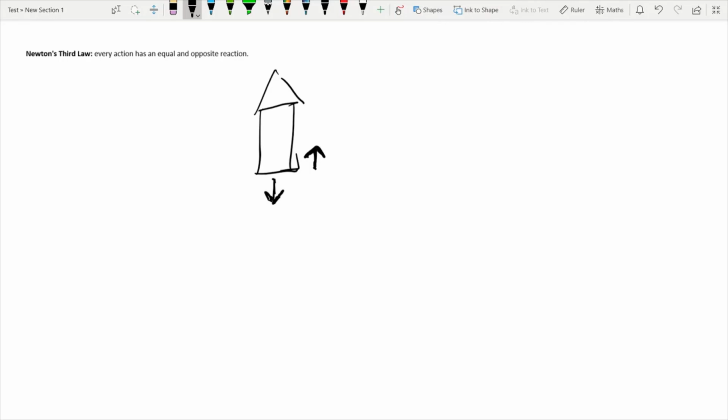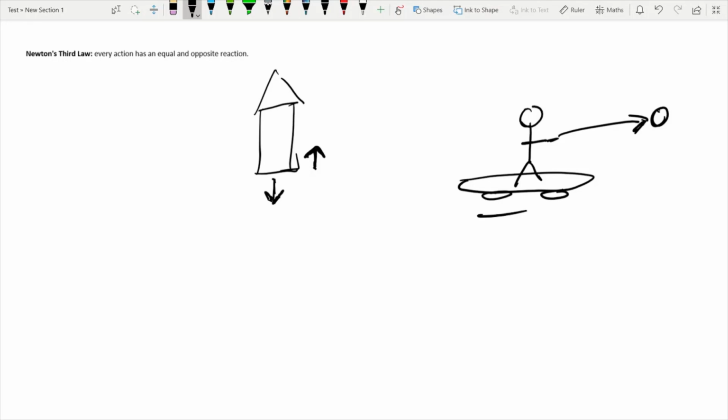Same kind of thing as if you were on maybe a skateboard. My drawings are excellent today. Okay, if you were on a skateboard and you threw something in that direction, like you threw, I don't know, a tin of beans. I don't know why you'd have a tin of beans on a skateboard, but basketball, something like that. If you threw something in that direction, then your skateboard would move in the opposite direction with the equal force.